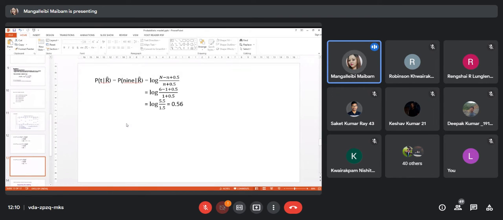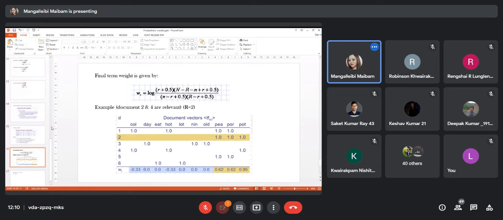So this is basic term weight. Now improved ranking. In improved ranking, we have changed the formula. Our formula is now this one. We have small r, capital R, small n, and capital N. Capital N and small n we already know. So the additional things here are small r and capital R. Capital R is the number of relevant documents.